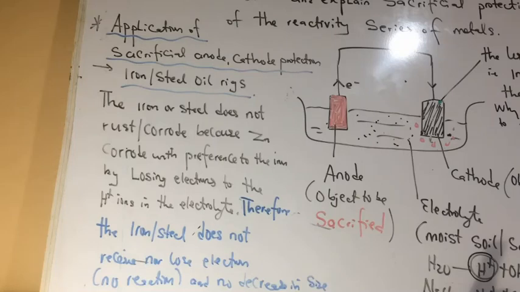Therefore, the iron does not receive nor lose electron, no reaction, and no decrease in size. So that protects the iron or steel in oil rigs, submerged in the ground or fully submerged in the soil.